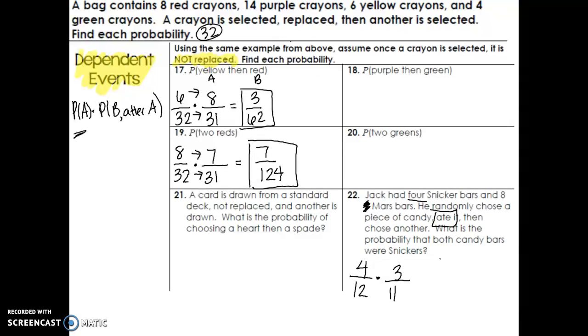Even though it's tempting to say, well, they're both candy bars, so I took them both at the same time, they're not at the same time. We take one, then we take another. So we multiply straight across here, and in its simplest form, that's going to be 1 out of 11. This is, of course, not what I got when I multiplied it straight across the first time, but we did simplify and simplify until we could no longer.